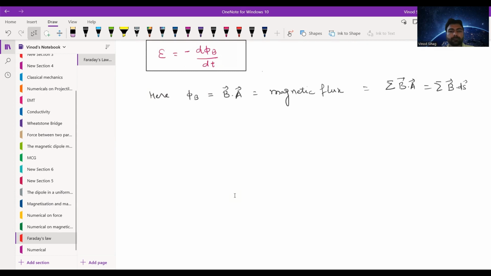For example, if we are dealing with a coil of N turns that are closely bound, then the EMF will be, let me write, for N closely wound turns of same flux change.